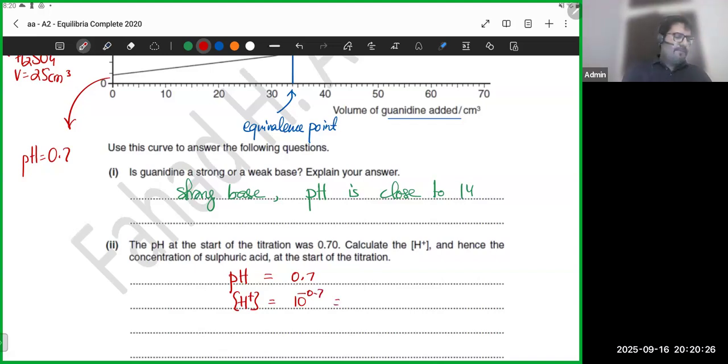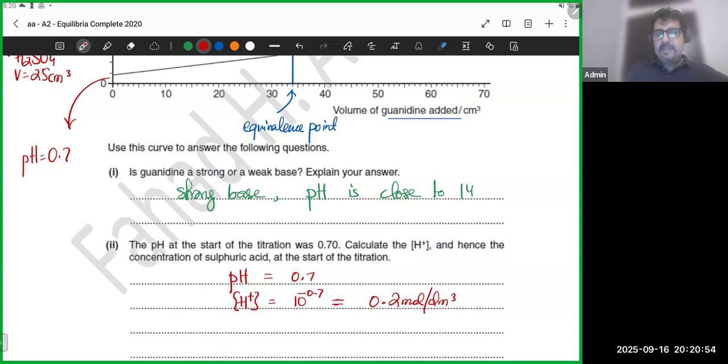You can solve this. That's approximately 0.2 mole per dm cube.